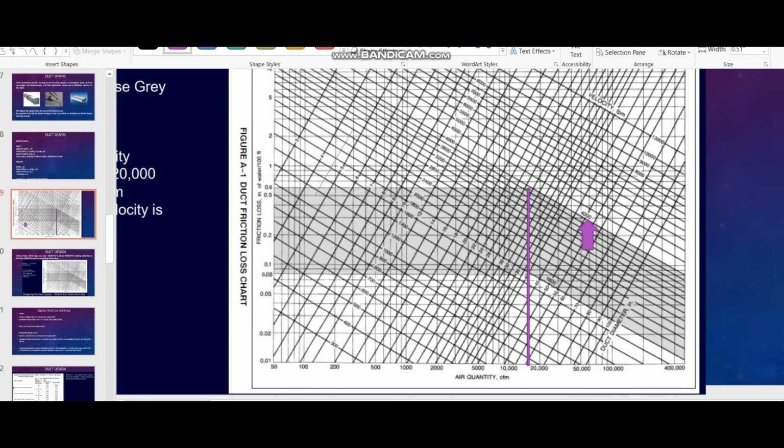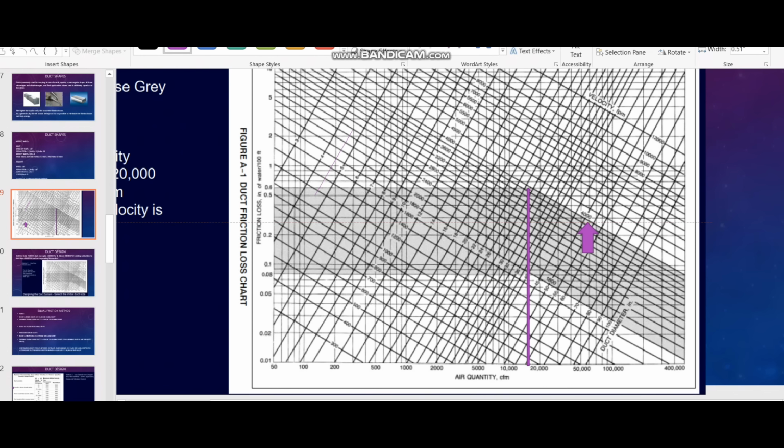This is the velocity, 4000 feet per minute they have given. The concept here is you can see the airflow 10,000 and here it is 20,000, that means around 16,000. So up to 16,000 CFM you can use this concept, and when the airflow goes more than that, you have to make sure that the velocity does not exceed 4,000 feet per minute.